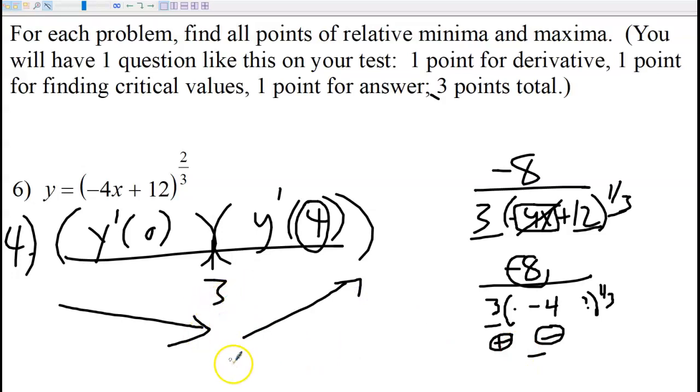And so this number here at 3, y of 3, is actually just going to be a relative minimum. And the reason for that is because we're changing from a negative slope to a positive slope at that point. So you'll be asked a question like that. You get 1 point for finding the derivative, 1 point for finding the critical values, and 1 point for your final answer.